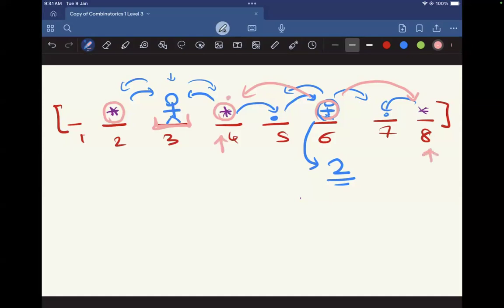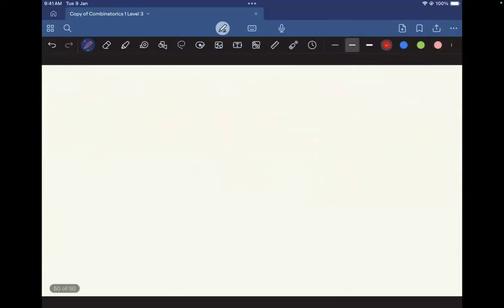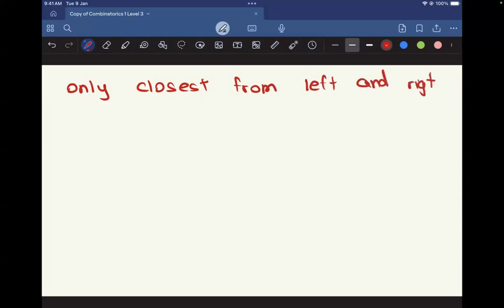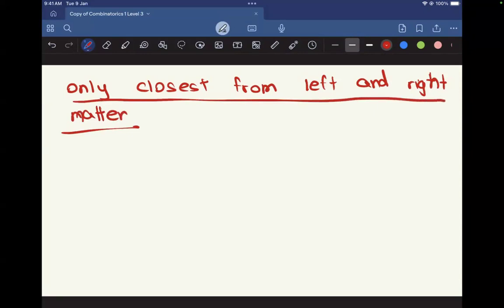So these teachers would be able to close down on David the fastest. This teacher would take more time, this teacher would take less time. So this is the first observation. What is the first observation, guys? Only the closest teachers from left and right matter.